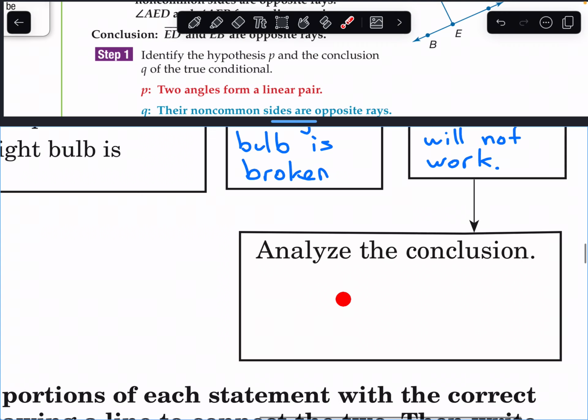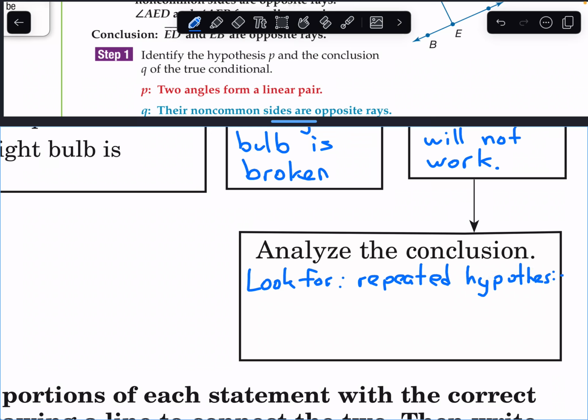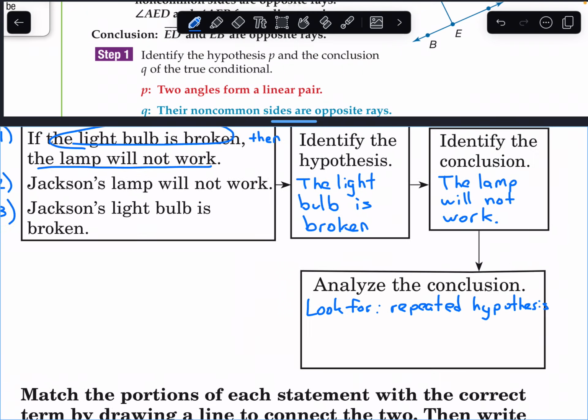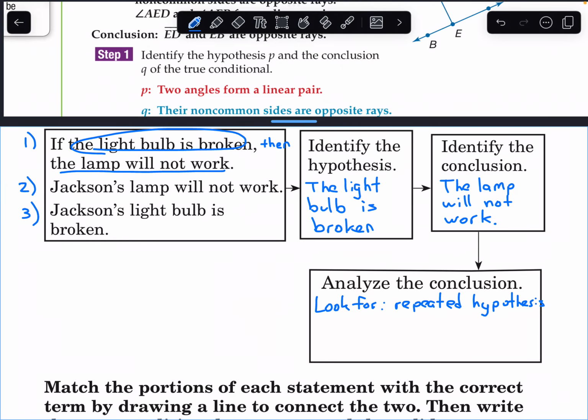So the thing we have to look for is a repeat of the hypothesis. Did we state that the light bulb is broken? This is what we were given. Jackson's lamp will not work. What we have done here is we have actually repeated the conclusion.